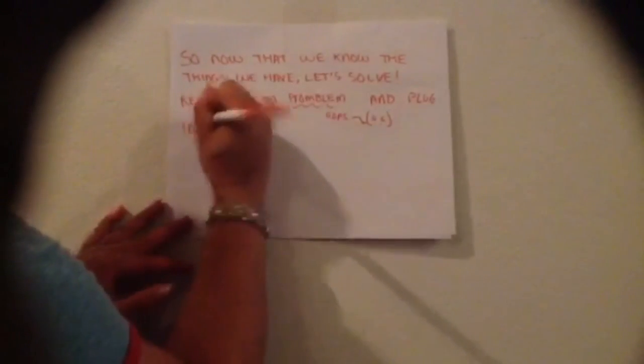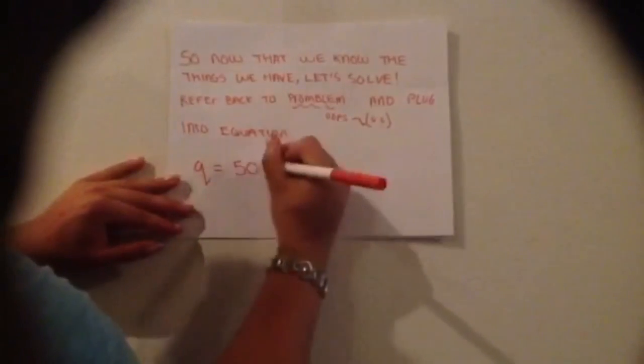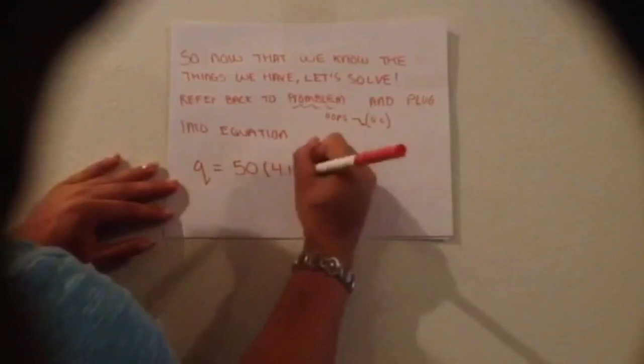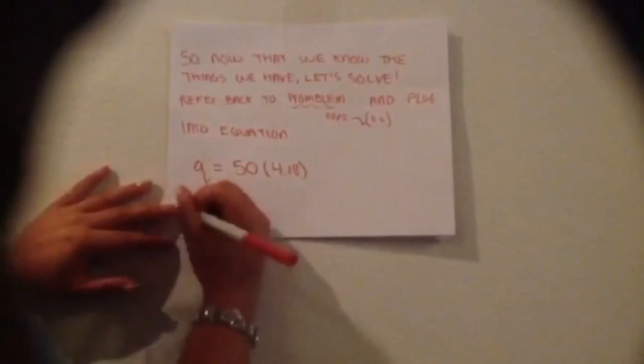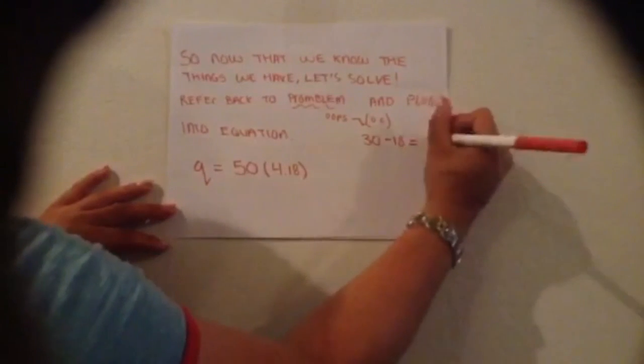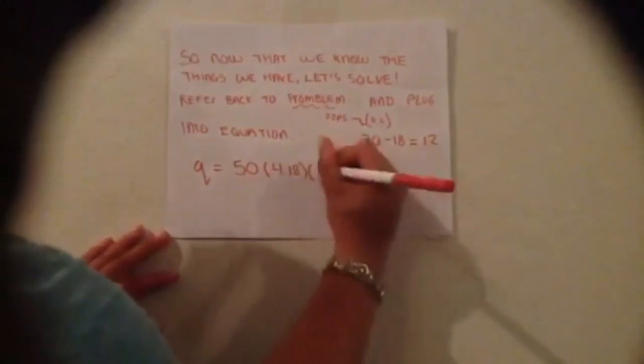So now that we know all the things, let's solve it. We have the equation Q, which is what we don't have, so that's what we're trying to solve for, equals mc, m being 50, times c, which is 4.18 because that's the specific heat, times temperature change. You're going to subtract 18 degrees Celsius from 30 degrees Celsius, and you're going to get 12, and then you're going to multiply.